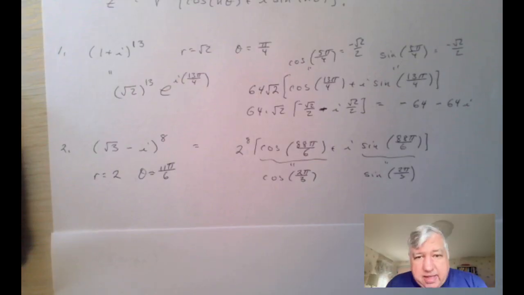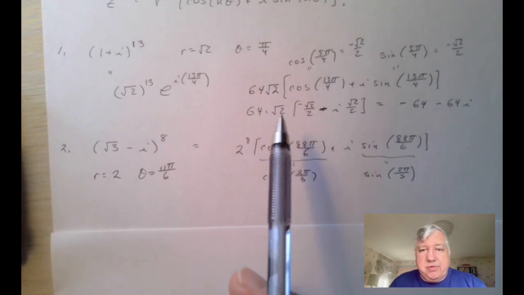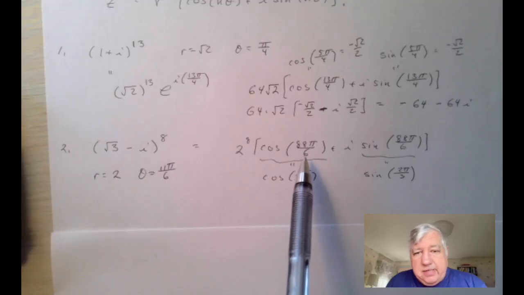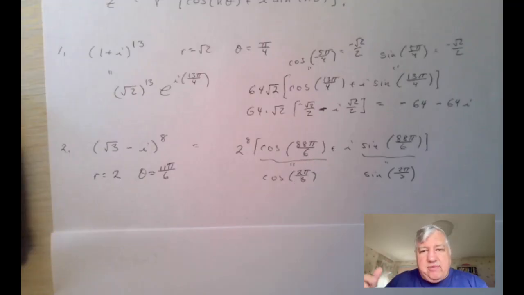The reason for that is 2 pi over 3 is the same thing as 4 pi over 6. And so the difference between 88 and 4 is a multiple of 12. So you subtract 2 pi here, but you're really subtracting 12 pi over 6. So keep subtracting multiples of 12 from 88, and eventually you get 4. Okay, so 4 pi over 6, which is 2 pi over 3.